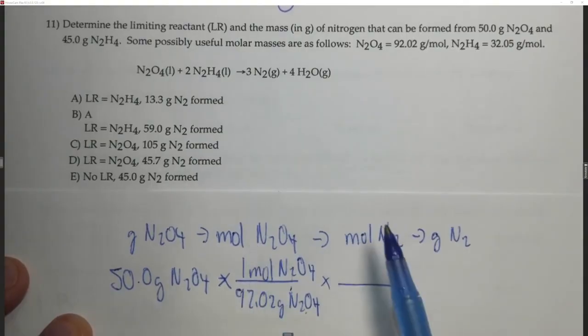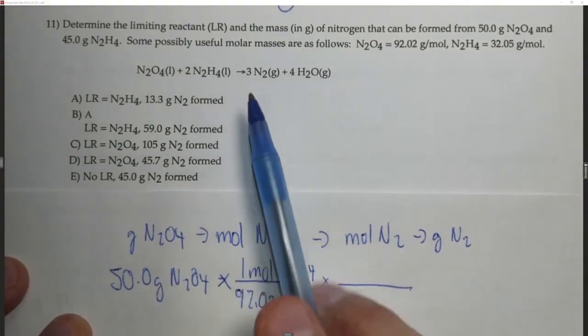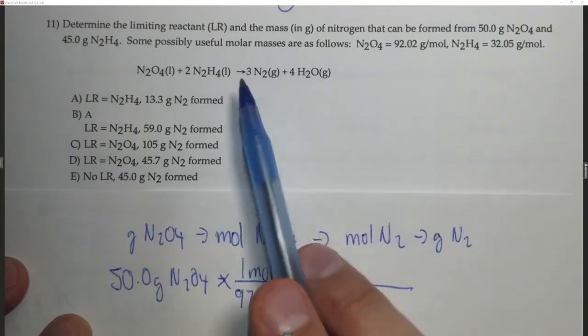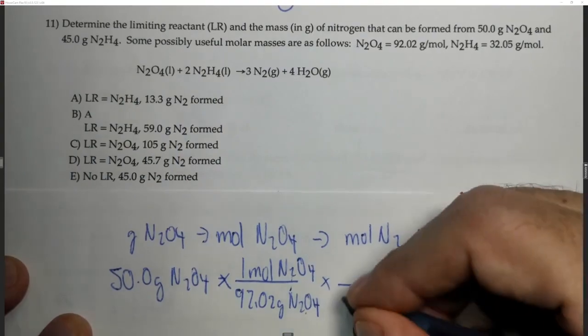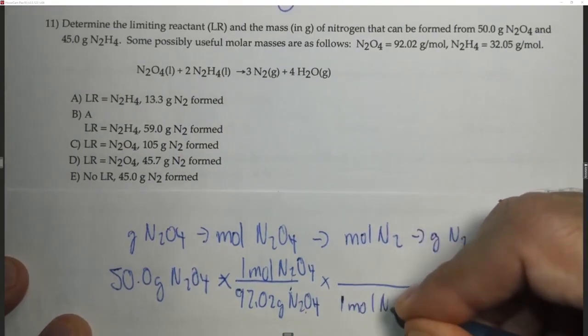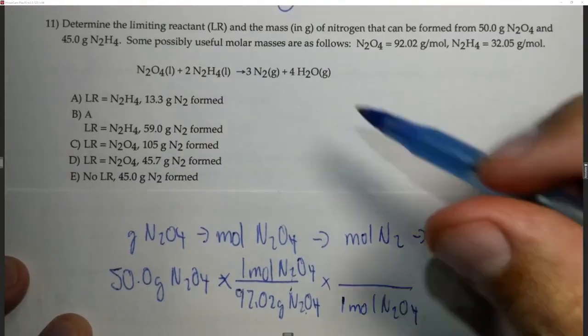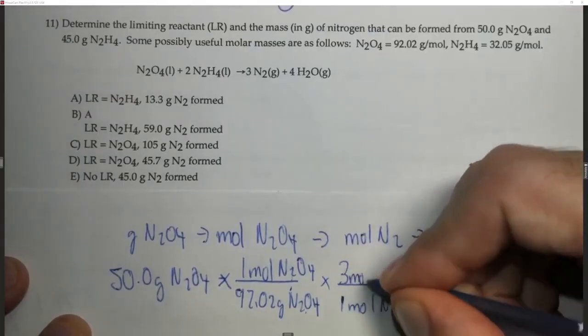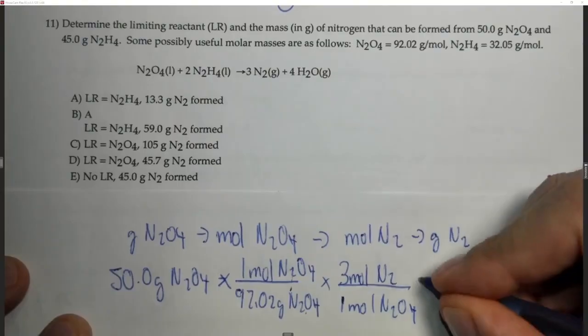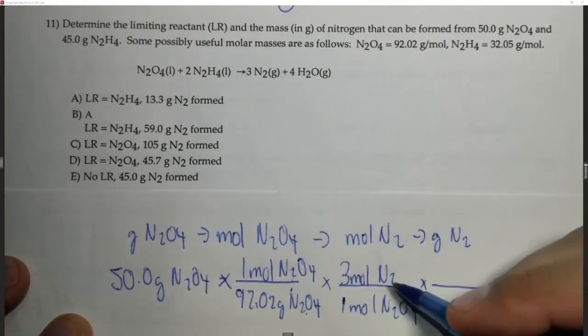Always when you're going from moles of one thing to moles of another, use the balanced chemical equation. So in this case, we want to use this stoichiometric coefficient on the bottom. So we want to put 1 mole of N2O4 on the bottom, and on top we want to put our 3 moles of N2.